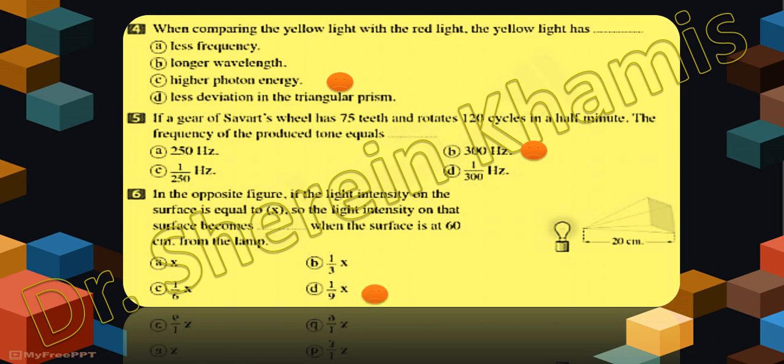So the right answer will be letter D, 1 over 9x, as we have the distance power 2, so we get 1 over the square of the distance to get the intensity of light.